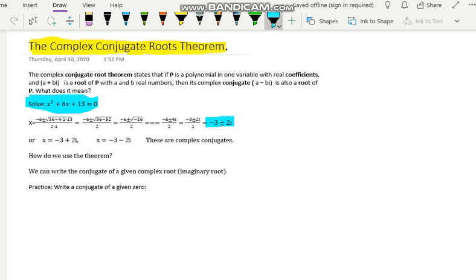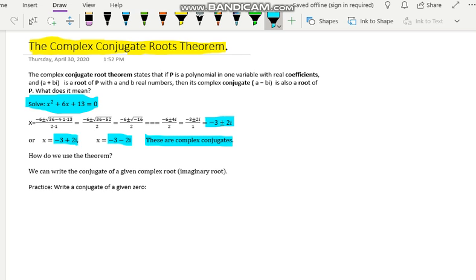So what does it mean? It means I have two roots. The first root is -3 plus 2i. The second root is -3 minus 2i. These are complex conjugates.